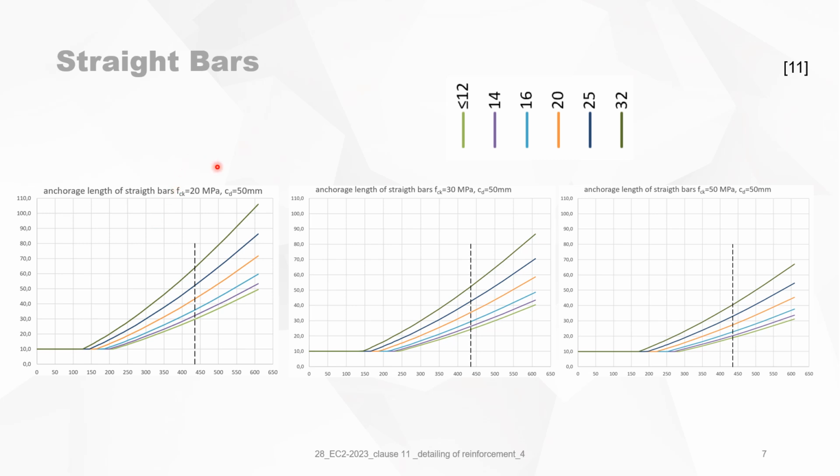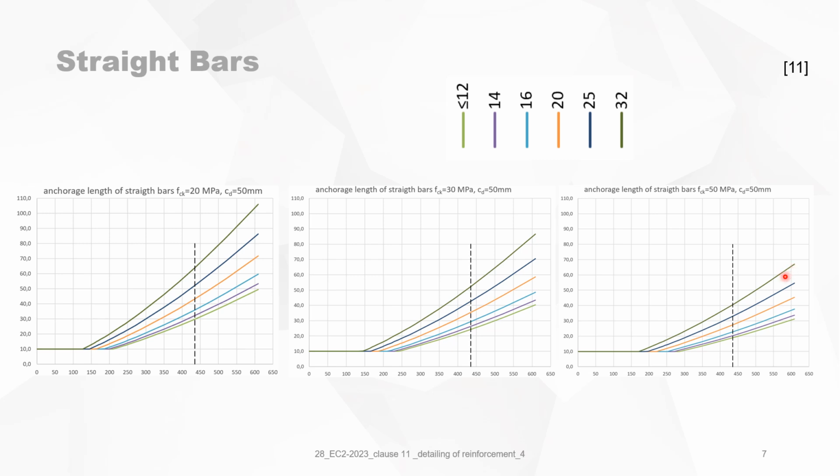When you use concrete quality 20 megapascal, you see immediately it will increase up to 65 or more. So you go up from 50 to 65 times the diameter as anchorage length. On the other hand, when you do not have enough anchorage length, but you can increase the concrete quality, then it will help you a lot.